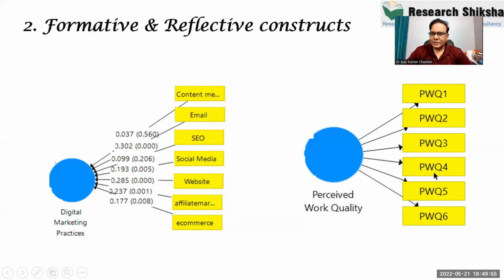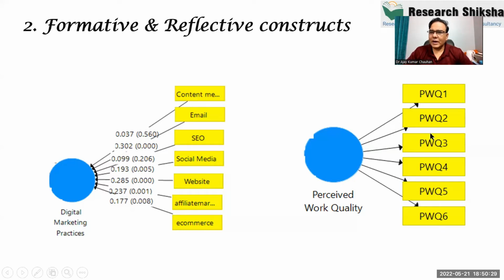In the second case, in perceived work quality, the direction of the arrows is from the blue to the yellow. So yellow to blue, blue to yellow. Because of this direction of the arrow, we give two different names. Whenever the arrow emerges from the statement to the construct, this is called a formative construct.